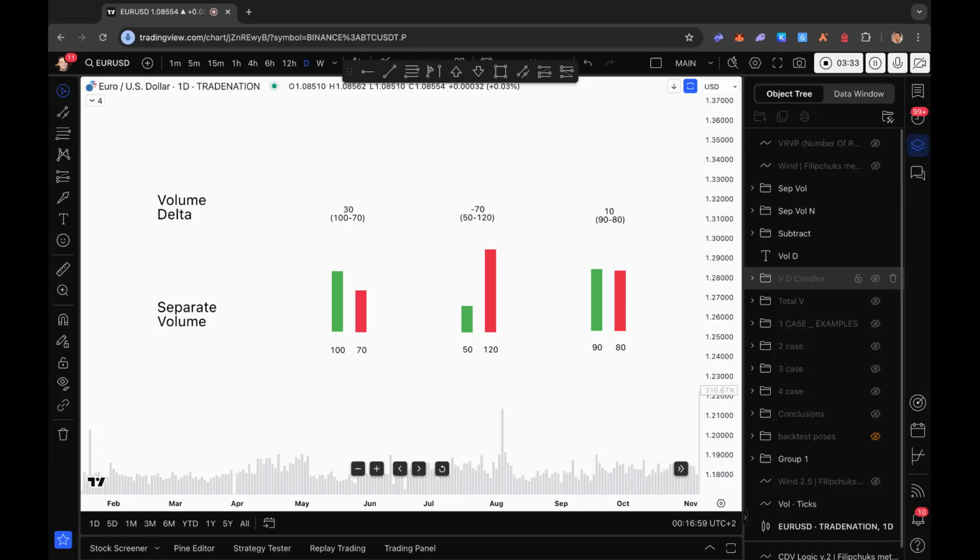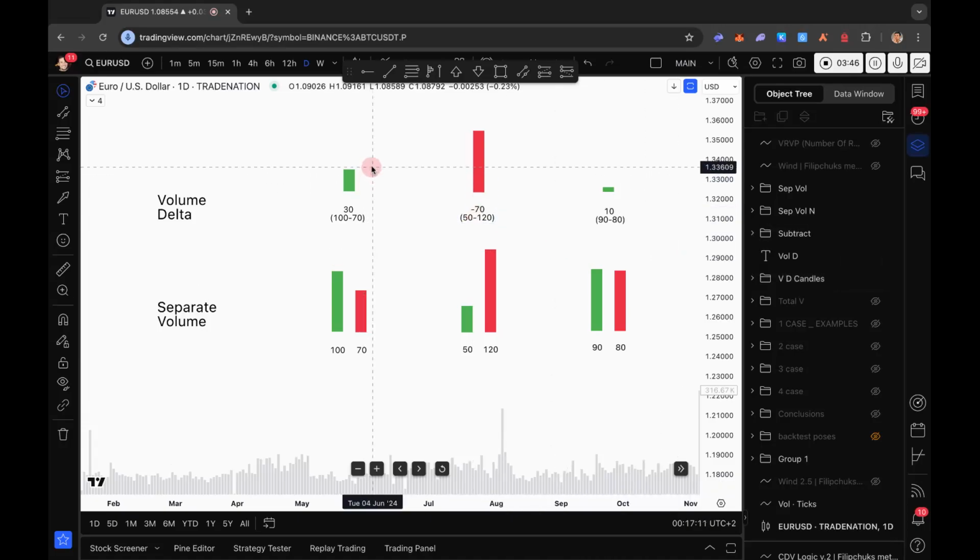Now let's take this number we got as the volume delta and turn it into a candle. If the number is positive, we'll make it green. If negative, red.